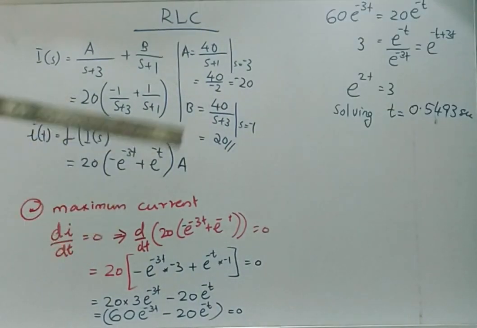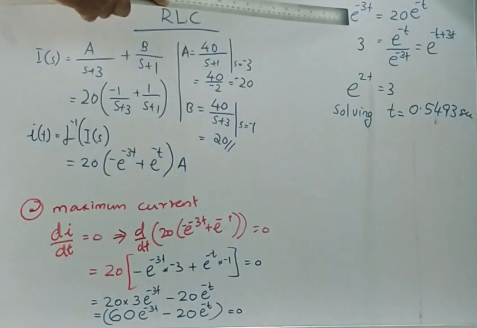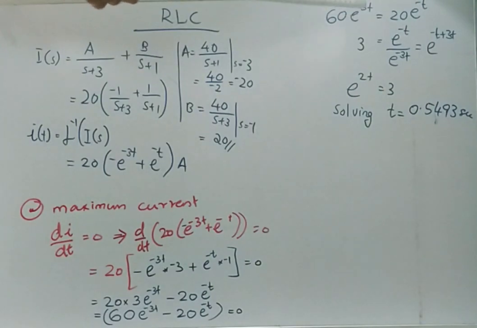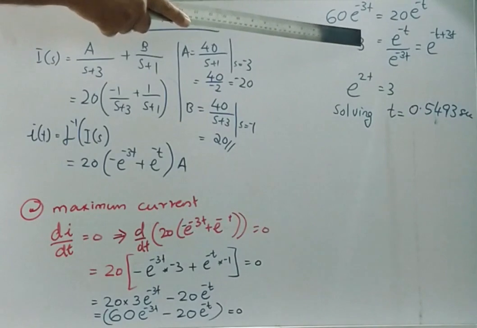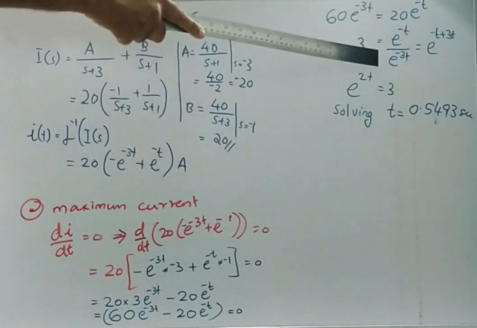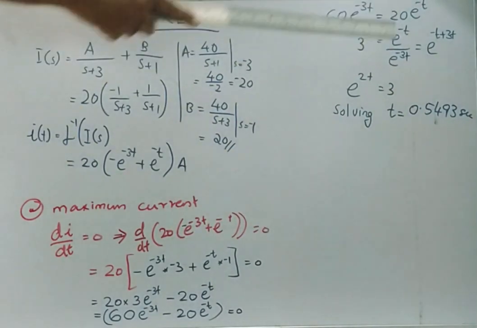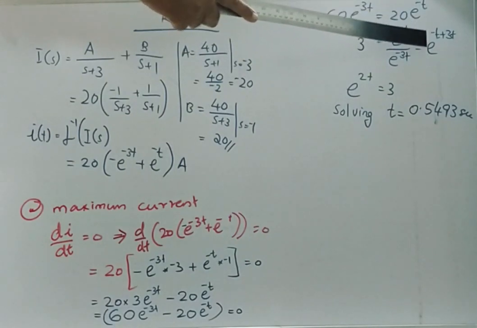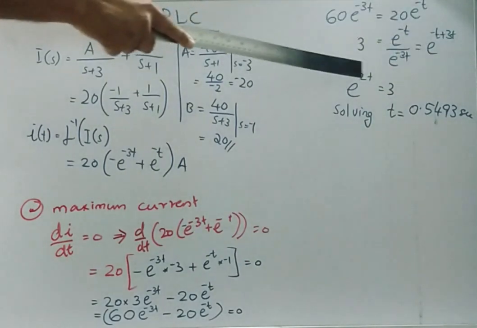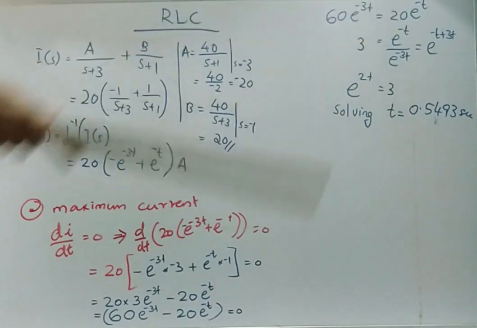Further simplifying, 60 e raised to minus 3t is equal to 20 e raised to minus t. So 60 by 20, that is 3, is equal to e raised to minus t divided by e raised to minus 3t. It simplifies as e raised to (minus t plus 3t), which is e raised to 2t, equal to 3.